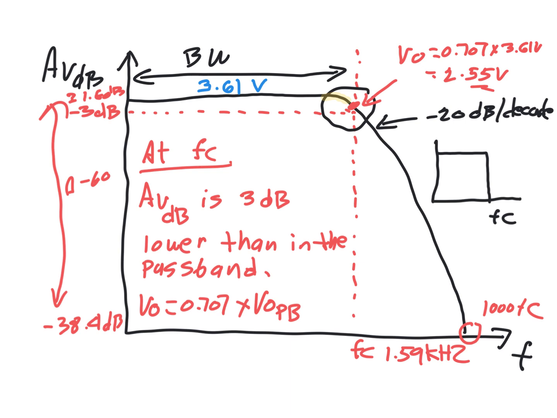So in the pass band, the gain is 21.6. At 1000 FC, it's down to minus 38.4, so it's well attenuated. The output voltage at FC is 2.55, which is 70.7% of the 3.61, which is what it is in the pass band.